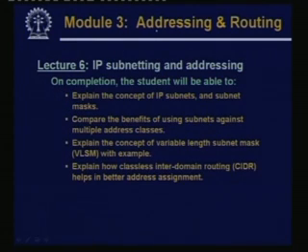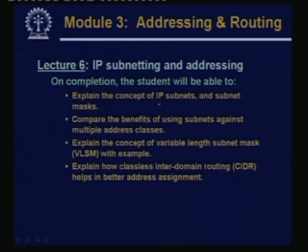In the third module, we used the concepts of TCP/IP addressing, whatever we discussed before, to talk about addressing and routing, which are very essential in the internet. The first lecture under this module, lecture 6, was on IP subnetting and addressing.